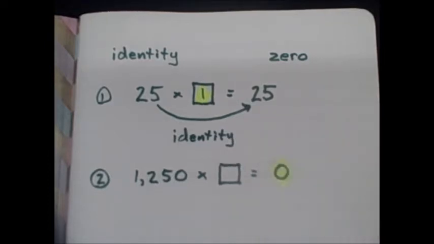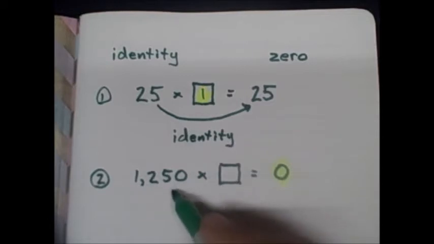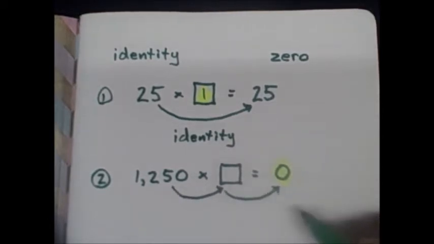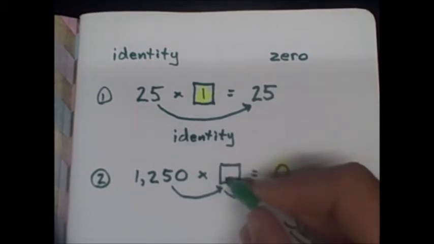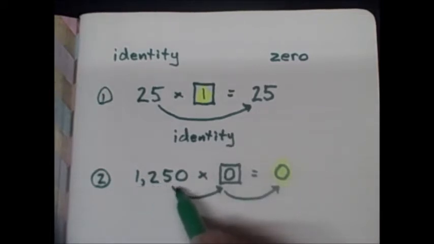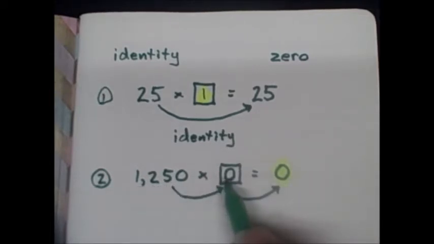Clearly, we remember that any time you multiply one number by 0, we will get a product of 0. So the missing factor in this case would be 0, because this is like saying 1,250 groups, and each group has nothing in it, so clearly we would have nothing.